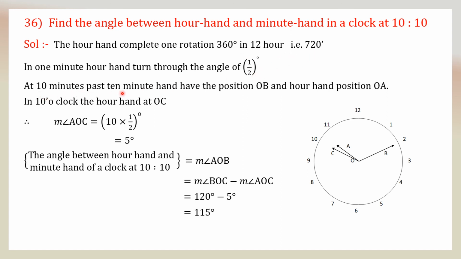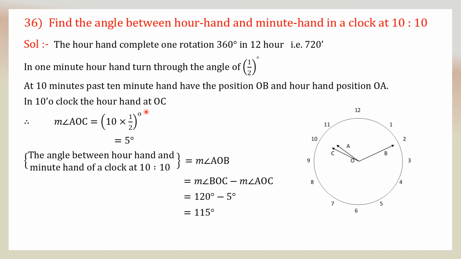At 10 hours 10 minutes, the minute hand has the position OB and the hour hand has the position OA. We find the angle between the two hands, that is AOB.